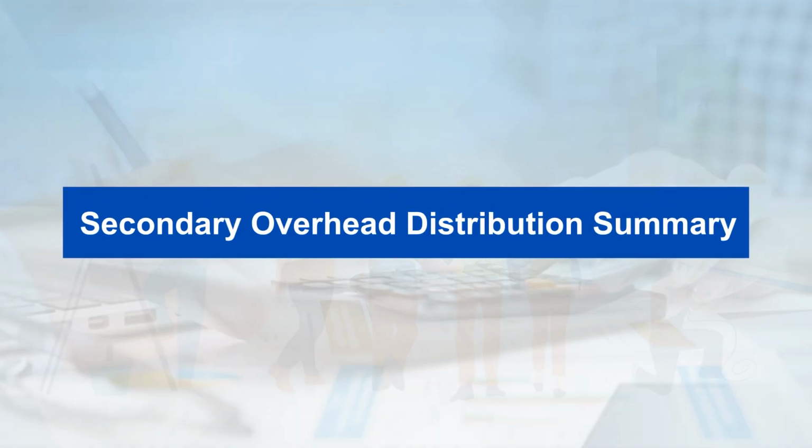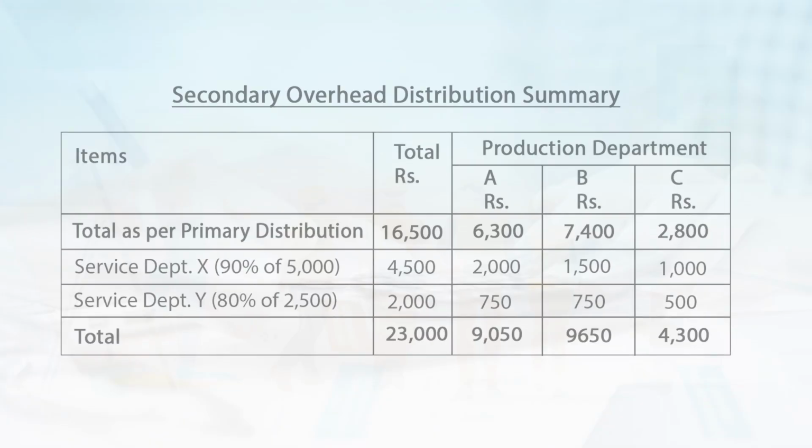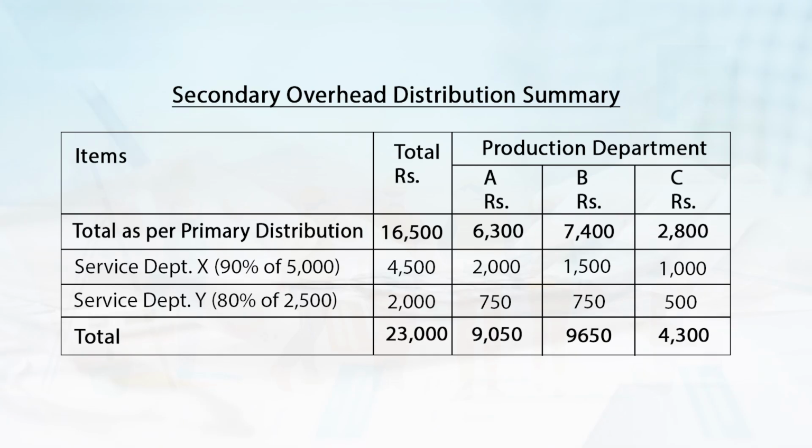Let's understand the secondary overhead distribution summary. Here we have 4 columns: item, total, production department A, B and C. Total as per primary distribution, which is given in the example, is rupees 16,500, that is for A it is 6,300, for B it is 7,400, for C it is 2,800.